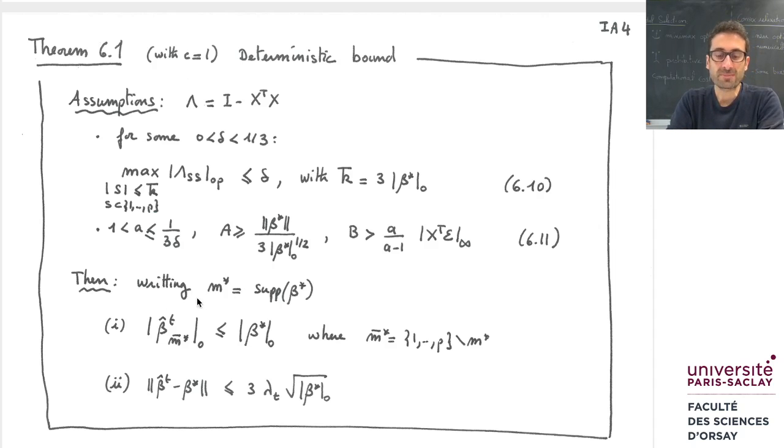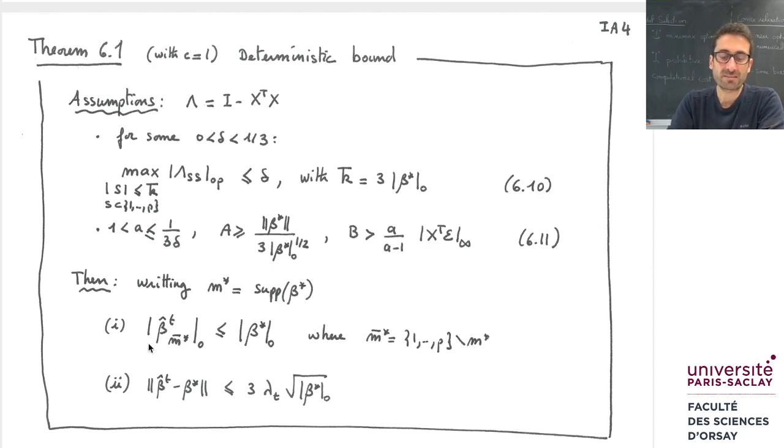We write M star for the support of beta star, so M star are the active variables in the regression. This corresponds to the indices for which beta star j are non-zero. We also look at M bar star, the complement of the support, so these are the variables which are not active.